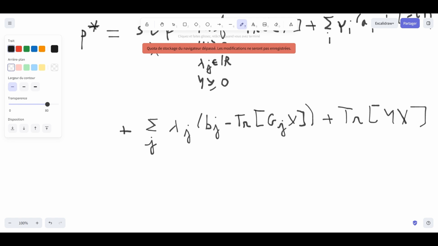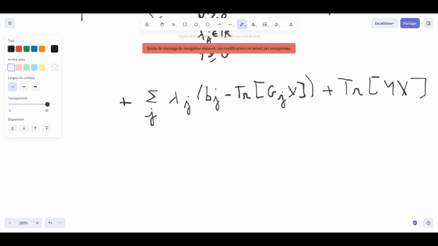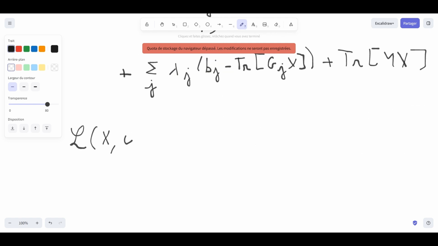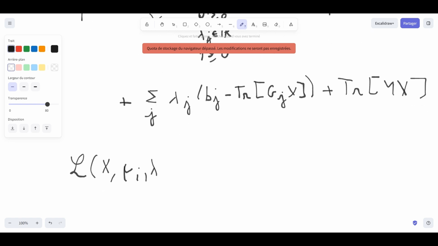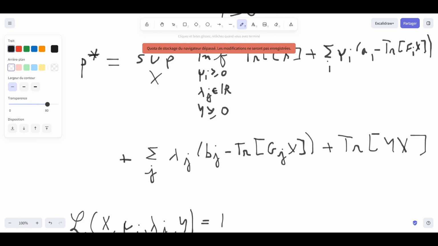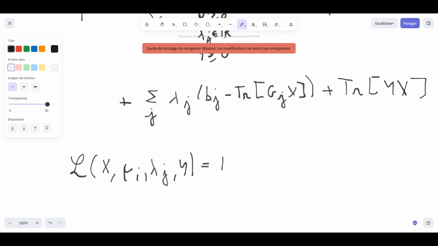Okay, and so that is called the Lagrangian. It's just a function saying that you have x, and these three new variables in a way: psi, lambda j, y. And you don't have to write it like this, you take all of this and you put it here. I'll do it for pedagogical purposes, but I think you understand me.